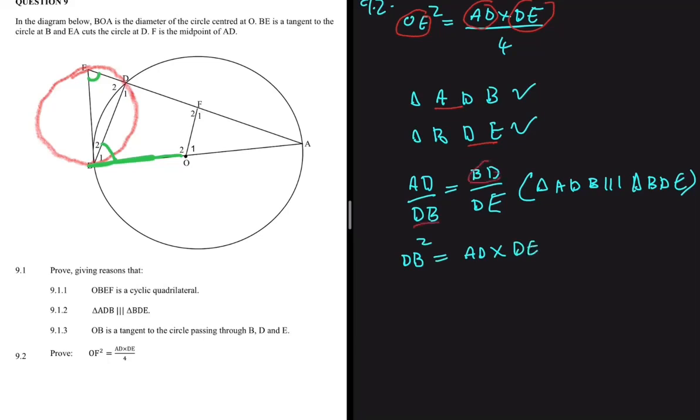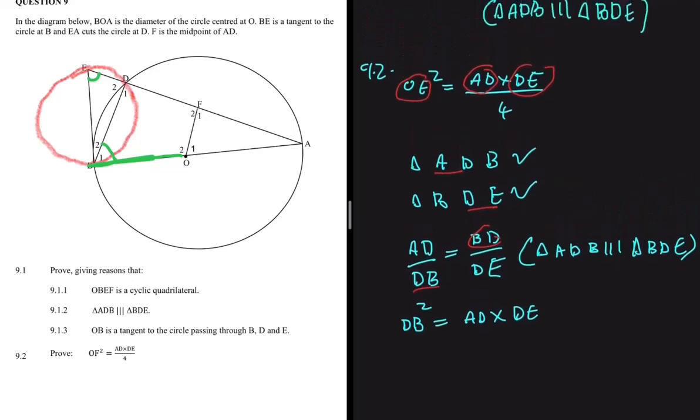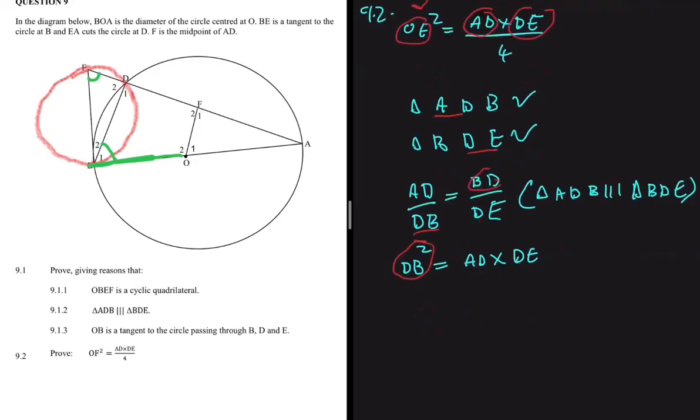And then we're not done, right? Here we have DB squared, but in what we are required to prove, we have OF squared. So let's try and find how DB squared and OF squared are related. It's not really easy to see here, but 2OF is equal to DB.